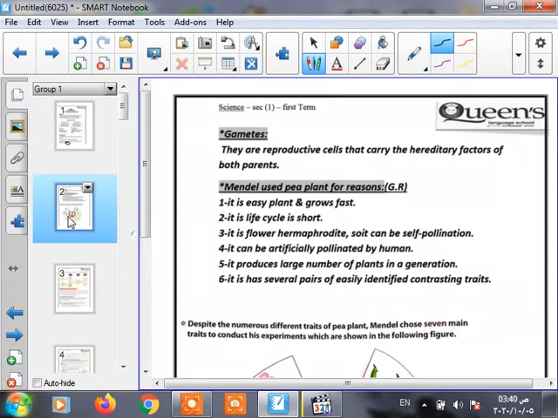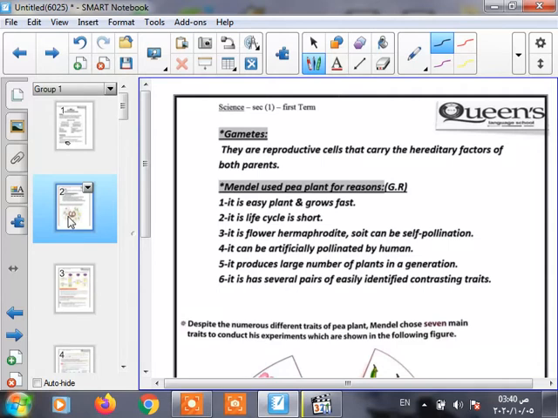What are these traits Mendel studied? The first, like flower color, we have 7 traits. Flower color may be red and may be white. Flower position may be at the end or may be found on the side. Seed color may be yellow or green. Seed shape may be smooth or wrinkled.